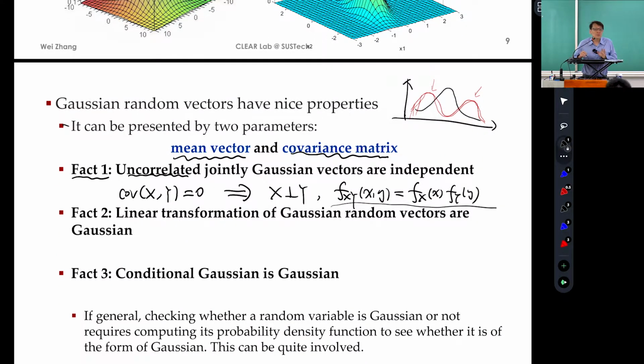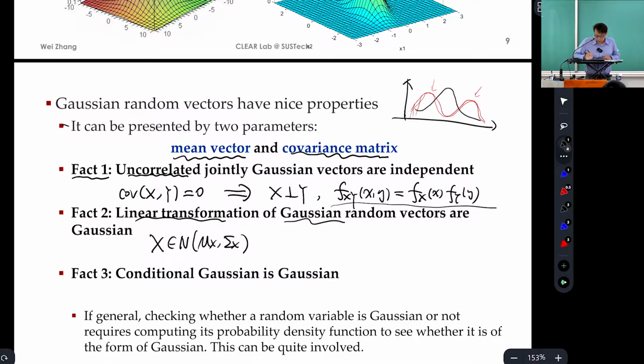I don't need you to prove, but at least I need you to know what it takes to get its proof done. Okay. The second one is even more important for Kalman filtering. It's linear transformation of Gaussian is Gaussian. So if I say x is Gaussian, there's a mu x, sigma x.